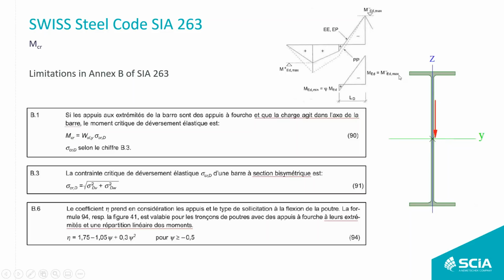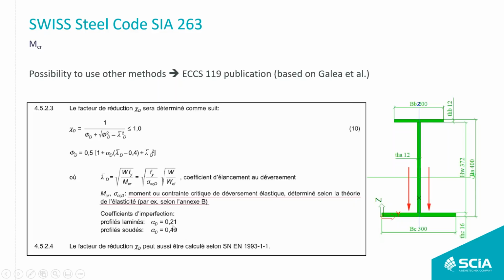The section had to be a doubly symmetric I section, and there was no load allowed in between LTB restraints. It had to be linear, so every portion between LTB restraints had to be loaded with end moments. And because of that, and because the Swiss norm also allows the use of the methods used in the Eurocode, we decided to take a more general approach.